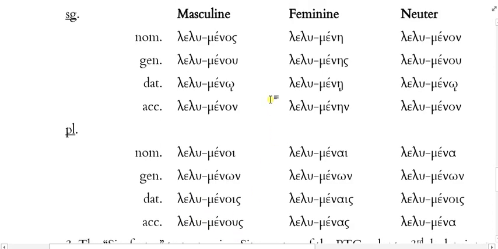All right, for the feminine forms, lelumene, lelumenes, lelumene, lelumenane, lelumenai, lelumenon, lelumenais, and lelumenas. In the neuter forms, lelumenon, lelumenu, lelumeno, lelumenon, lelumena, lelumenon, lelumenois, and lelumena.